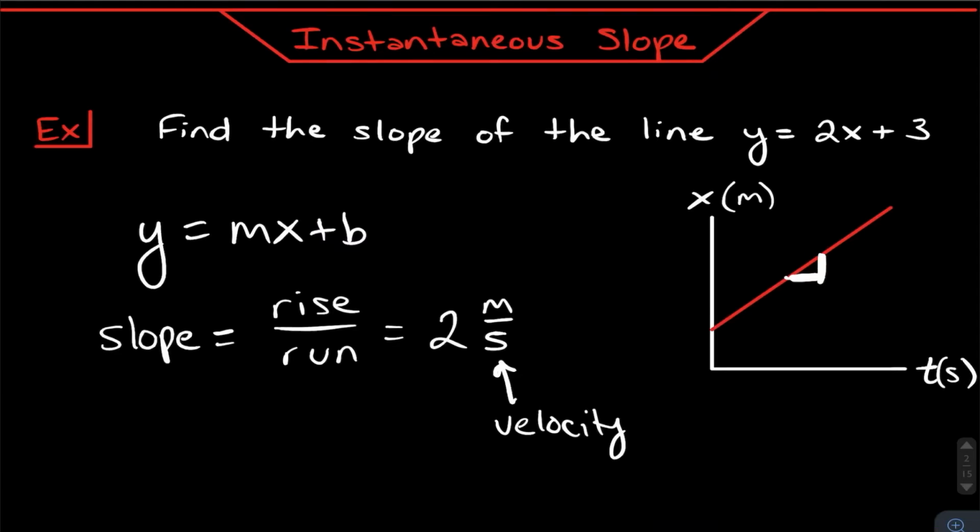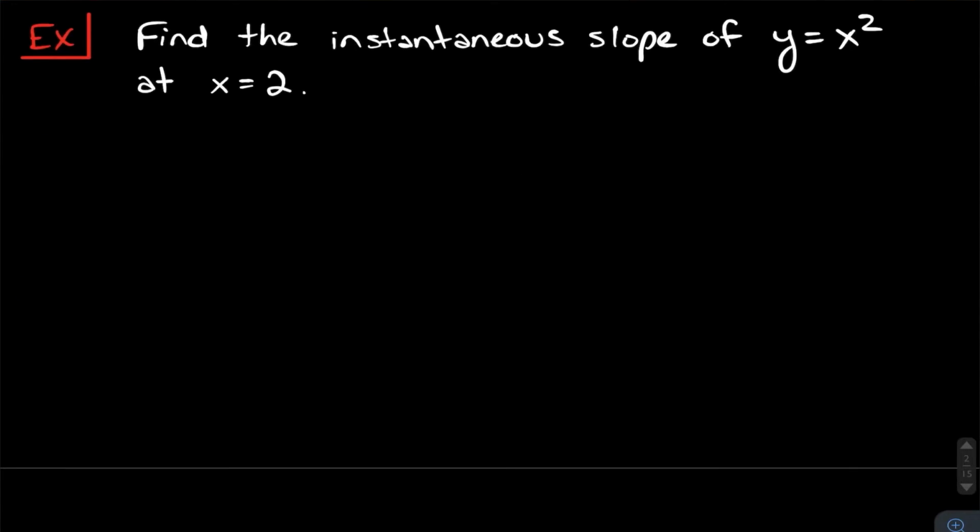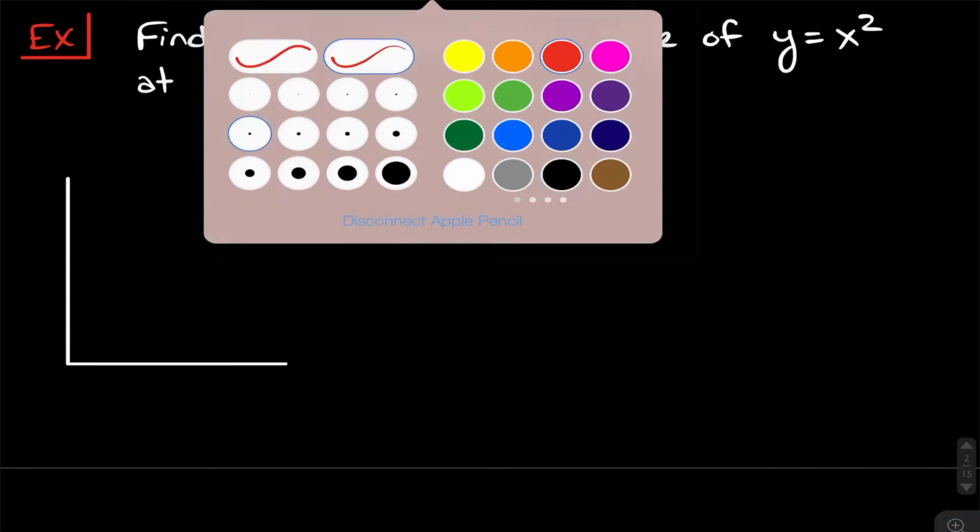Now it's really nice to find the slope in an example like we have right here, but it might not be if we're talking about something like y equals x squared, right? That's not a line anymore, and we're only used to finding the slope of a line. Now, what if we have something like y equals x squared? I'll just draw this in the first quadrant.